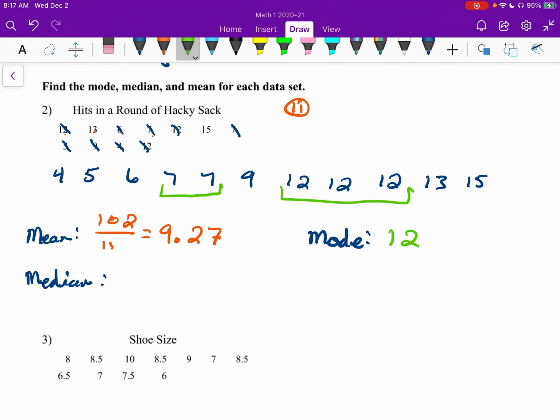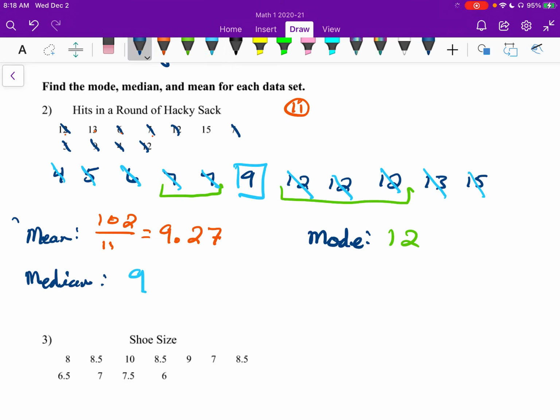Now for my median. The median, if you remember, is the middle number. So I'm going to cross off the first and the last, the first and the last, the first and the last, and keep doing that until I get one number. So my median is 9.